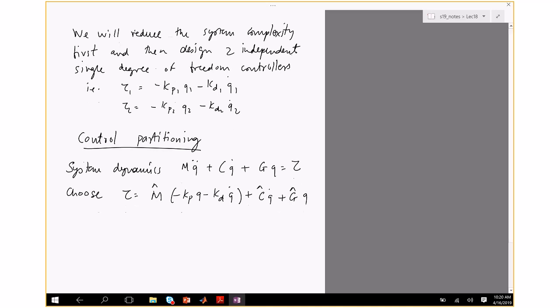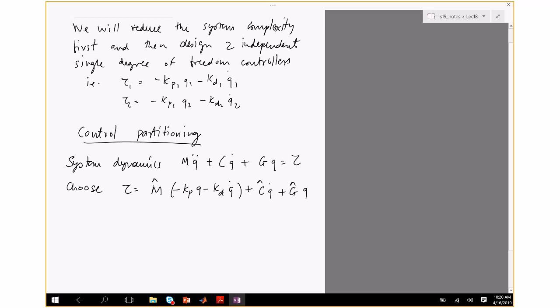Okay, so M hat, C hat, G hat are estimates of mass, C and G.